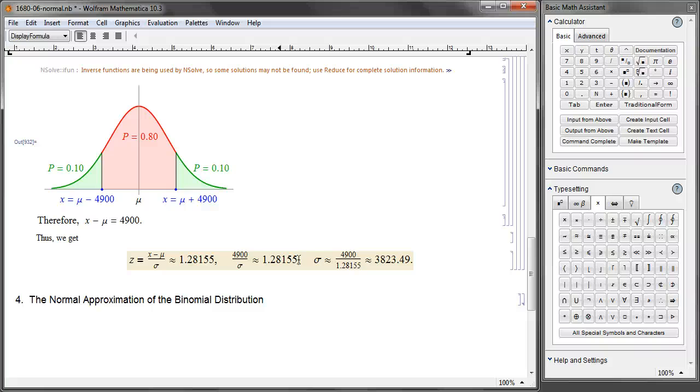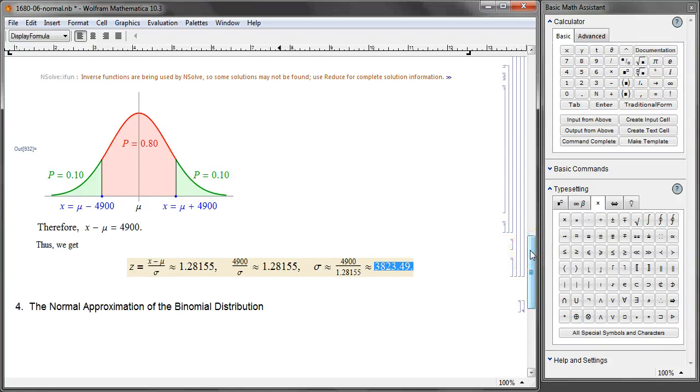And solving for sigma, this is what we get: 4,900 over 1.28155, and then you get 3823.49, a pretty accurate figure, or approximately speaking, you can say 3,820 or something like that. This problem did not specify rounding to how many decimal digits, so anything will do.